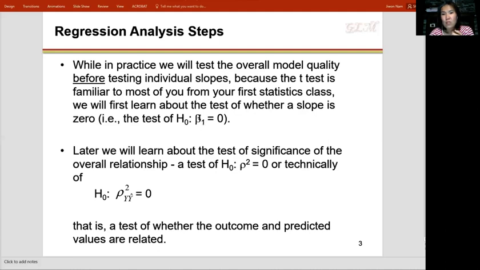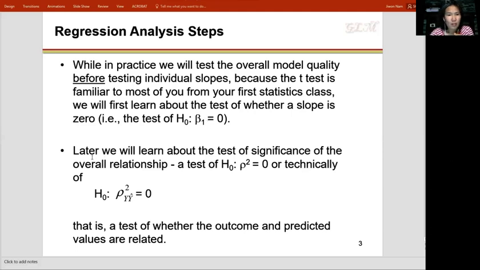And when you see just the alphabetical value like B1, B0, this is just a statistic. And this is a parameter. Parameters are unknown values in the population because we don't collect the population. However, we use this null hypothesis in the population.